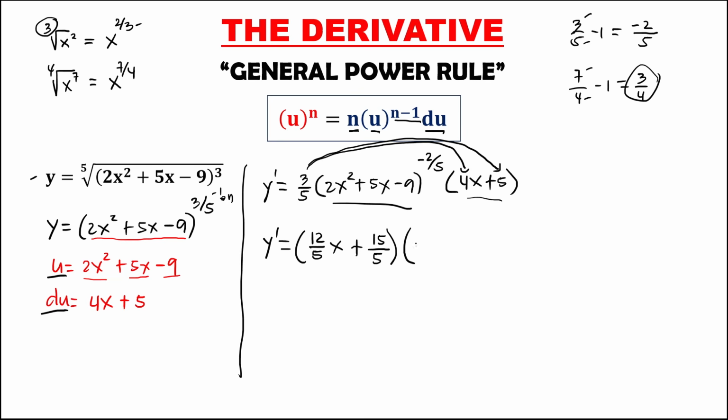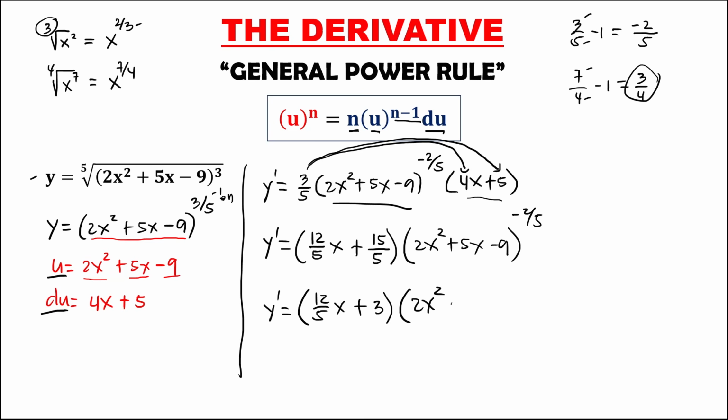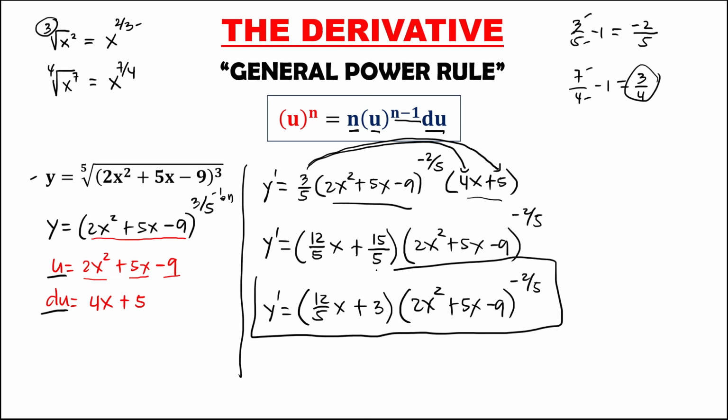Then bring down this 2x to the power 2 plus 5x minus 9 to the power negative 2 over 5. Then we need to simplify. So this is 12 over 5x, then plus this 15 divided by 5, this one is 3. Then we have 2x to the power 2 plus 5x minus 9 quantity to the power negative 2 over 5. So this is now the derivative.